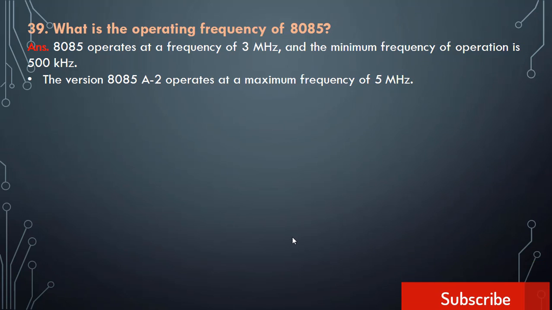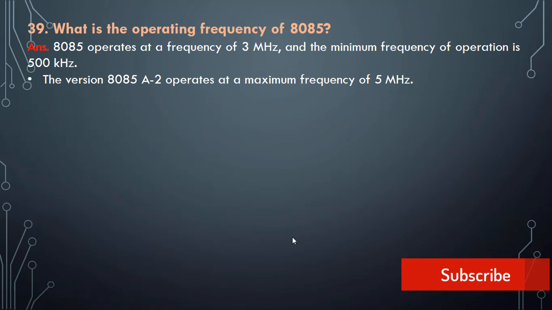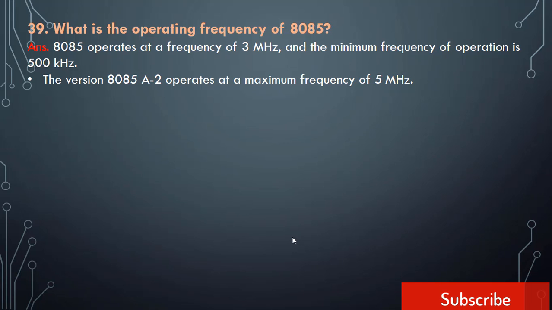The next question, what is the operating frequency of 8085? The 8085 operates at a frequency of 3 MHz and the minimum frequency of operation is 500 kHz. There is another version of 8085, that is 8085A2, which operates at a maximum frequency of 5 MHz.